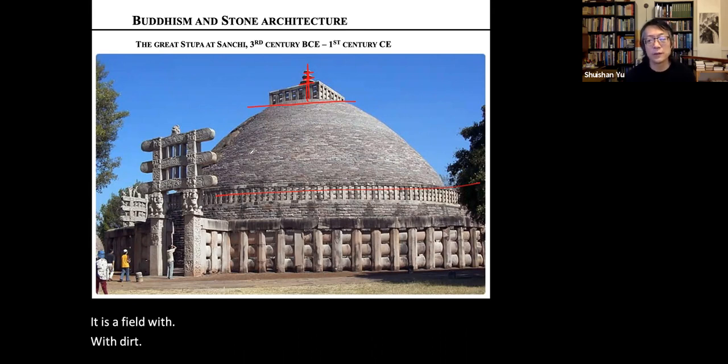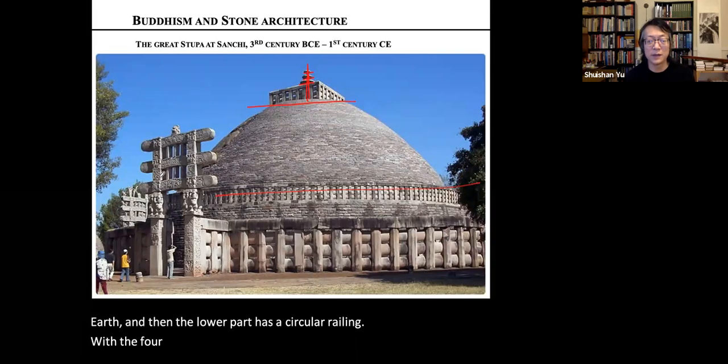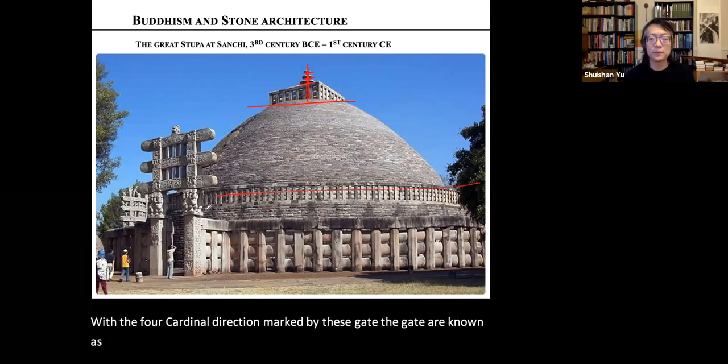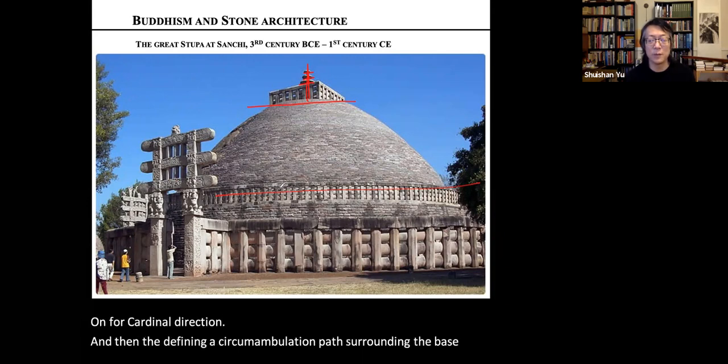And then the lower part has a circular railing with the four cardinal directions marked by gates. The gates are known as the Torana on the four cardinal directions. And then defining a circumambulation path surrounding the base of the stupa.